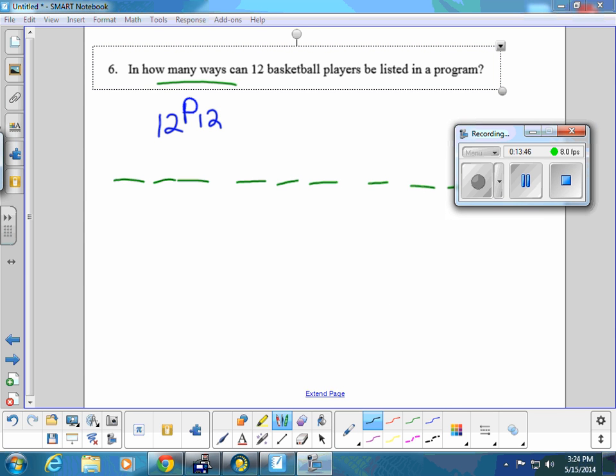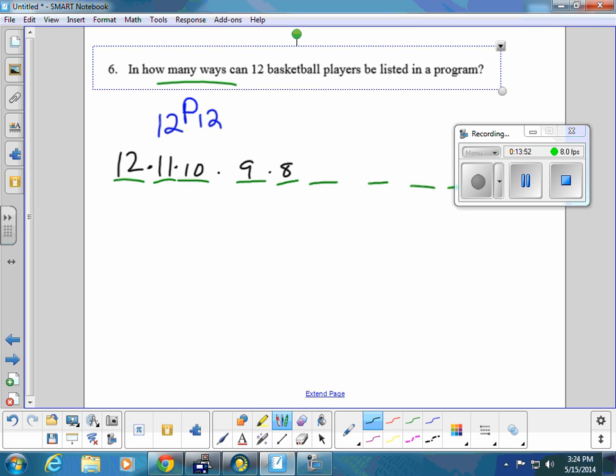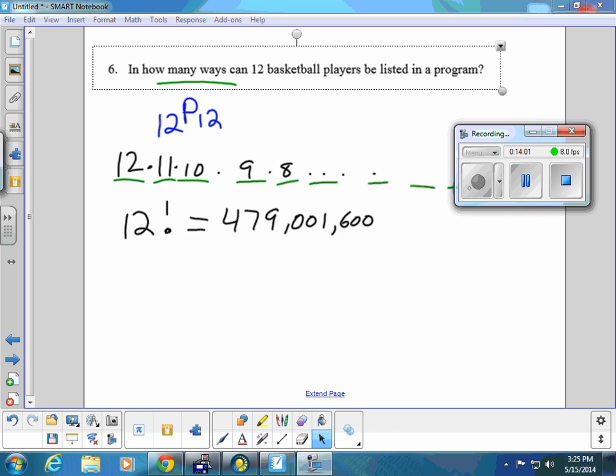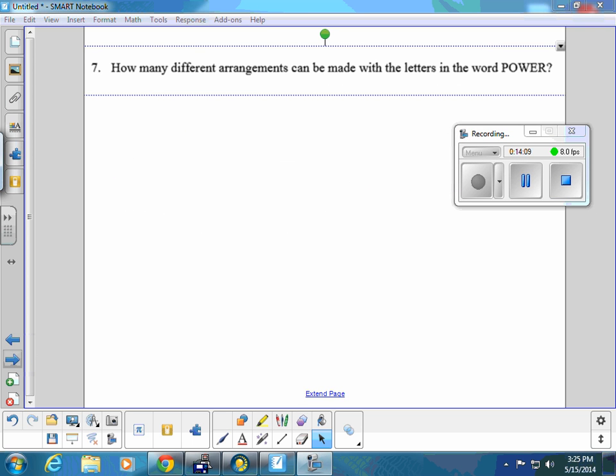Okay, so 12p12 is really 12 times 11 times 10 times 9 times 8 and so on, which is really 12 factorial, which on your calculator you can use and you'll get the answer. Moving on to question 7.